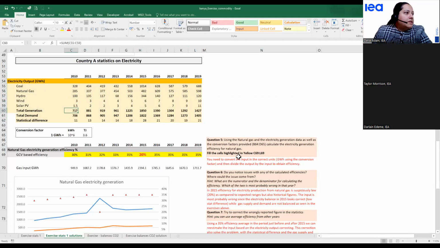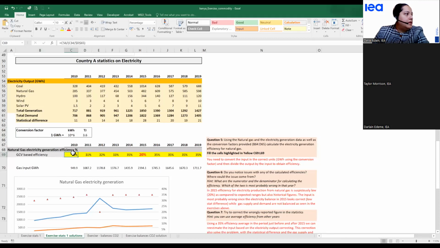So now question 5 is using the gas and electricity data as well as the conversion factors. So here we have conversion factors of how to convert from gigawatt to terajoule and vice versa. Calculate the electricity generation efficiency for natural gas.